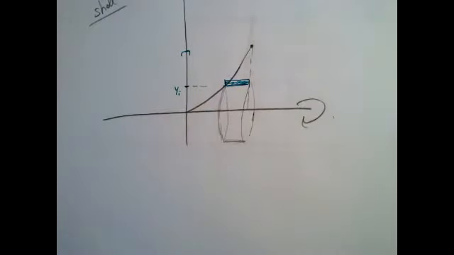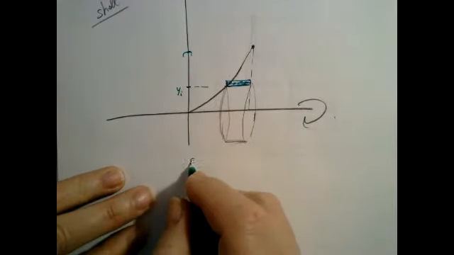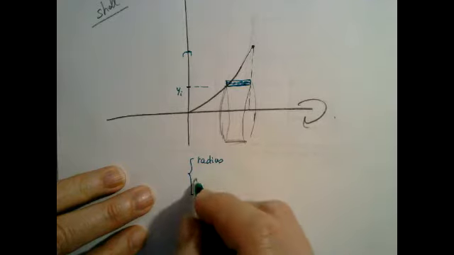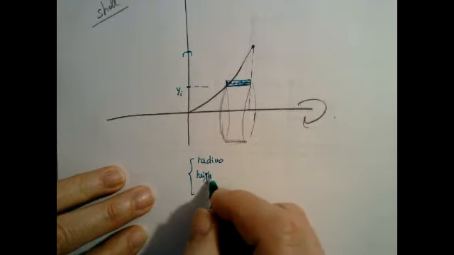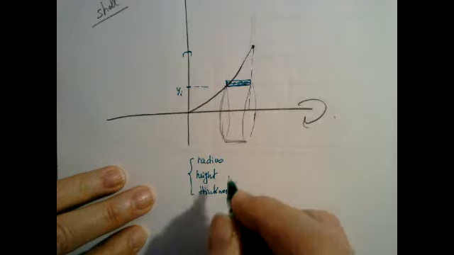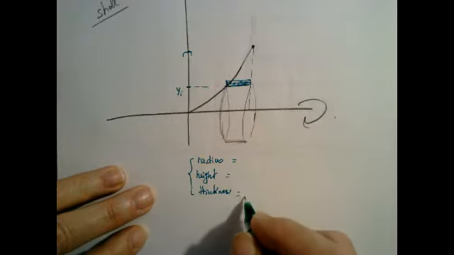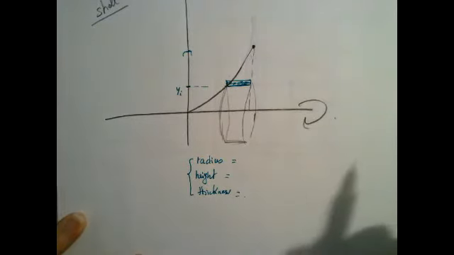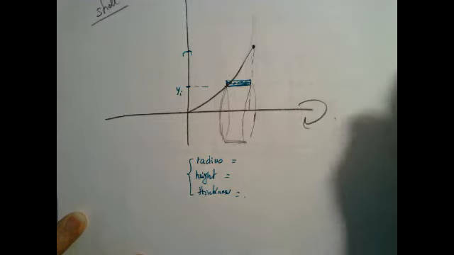Okay, for a shell, we need 3 things to be able to figure out everything. We need the radius, we need the height, and we need the thickness of my shell. Radius, height, thickness. All right. So first the radius is from where to where and labeled. What's the radius of the shell?